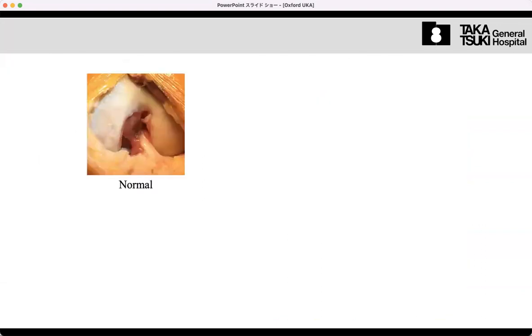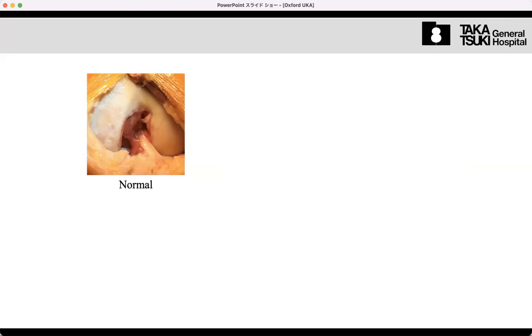Anyway, the second one is the ACL integrity. So the status of the ACL. Normal means, of course, the fiber is very good and the appearance is very good. And the surface of the ACL is covered with normal synovium.